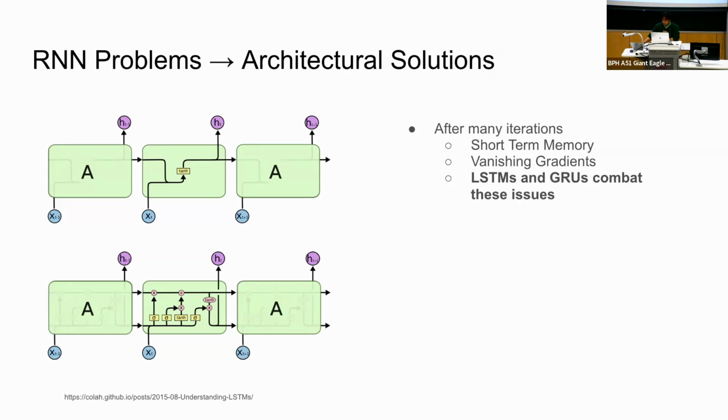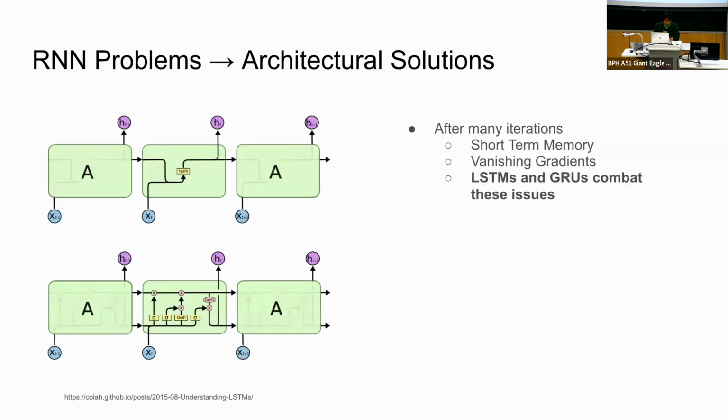So altogether, this is a complete LSTM unit which comprises the input, output, forget, and peephole connection gates. And this seems to be a solution for our RNN problems of vanishing gradients and short-term memory.